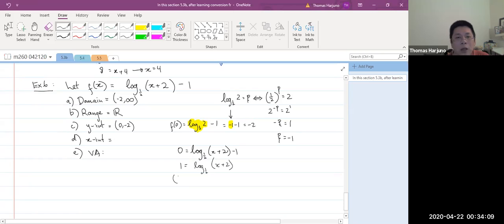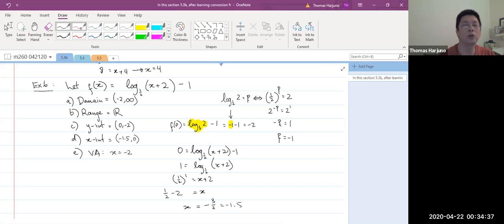So we get 1/2 to the 1 equals x plus 2. That's 1/2, right? Minus 2 equals x. So the x-intercept will be -3/2 or -1.5. So the x-intercept is (-1.5, 0). Vertical asymptote x equals -2.